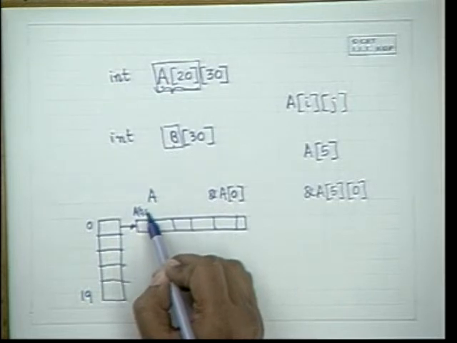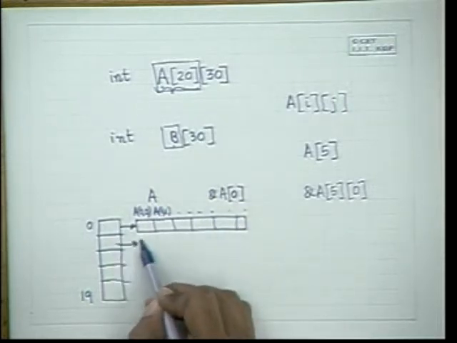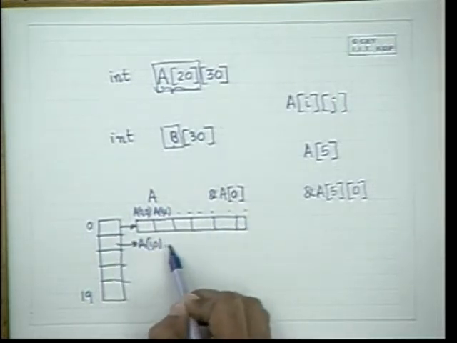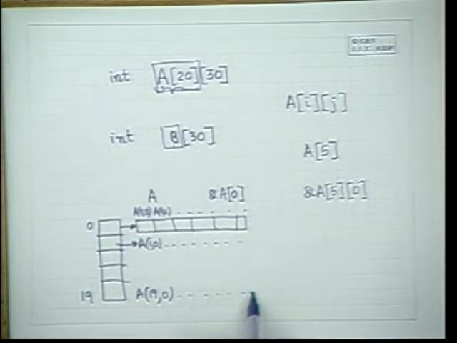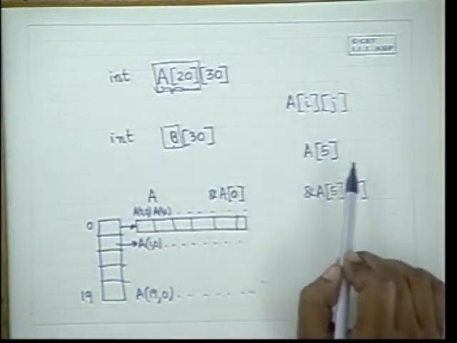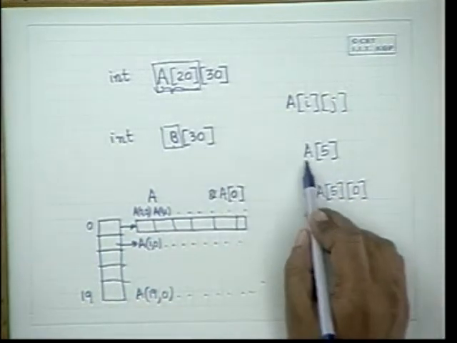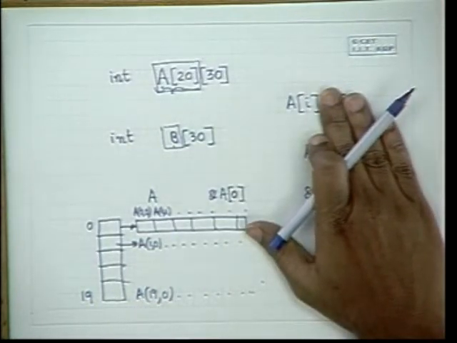A[0][0], A[0][1], and so on. A[1][0] and so on. A[19] and so on. This is one point. That is, A[5] is an address. Since the content is this, this part of it will give you the address. A[i] will give you a one-dimensional array, but each element of that one-dimensional array is another one-dimensional array.